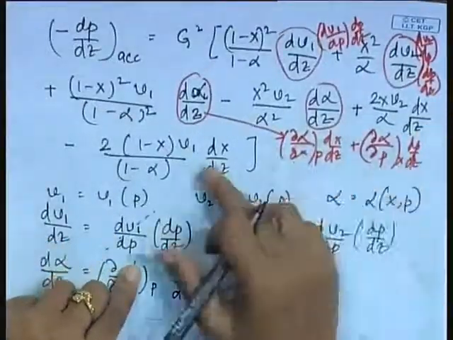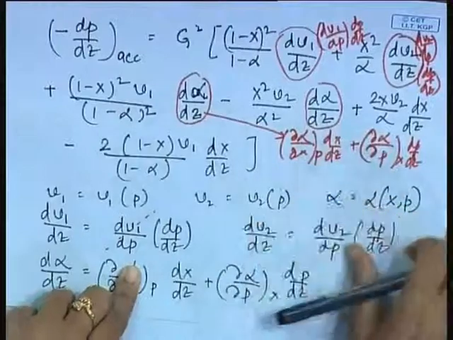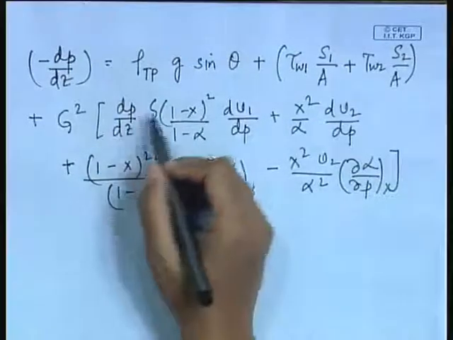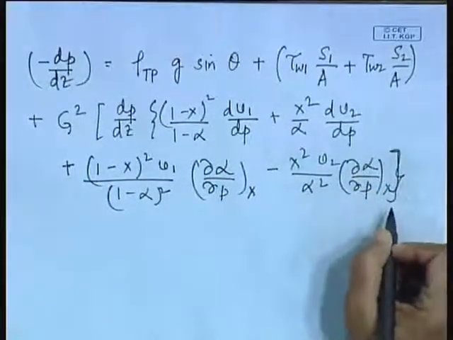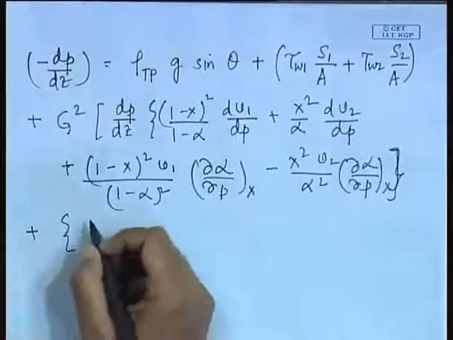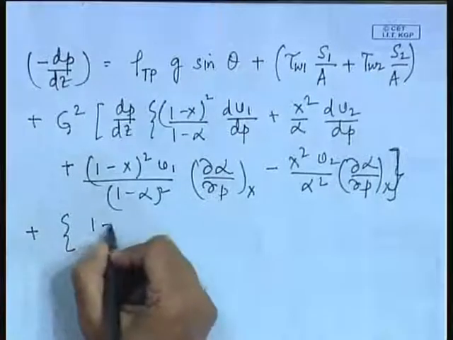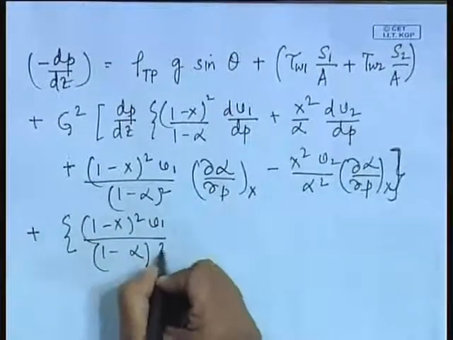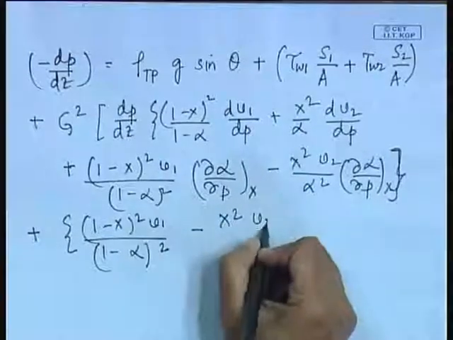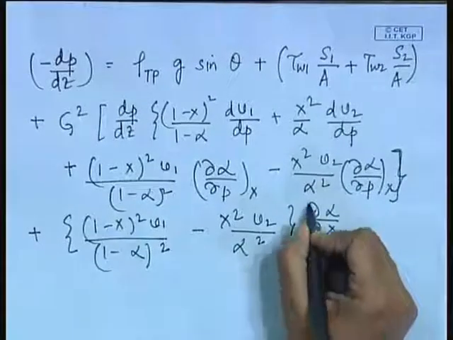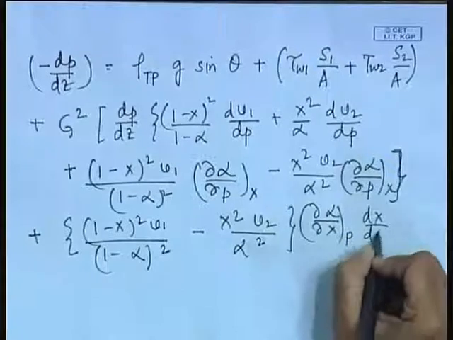right. And along with that, the rest of the terms containing dx dz remain. So, this will be in a curly bracket, and along with that we get plus 1 minus x whole square v1 by 1 minus alpha whole square minus x square v2 by alpha square, del alpha del x at constant p, dx dz.